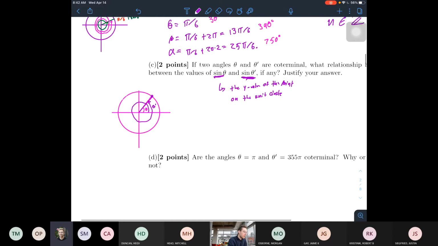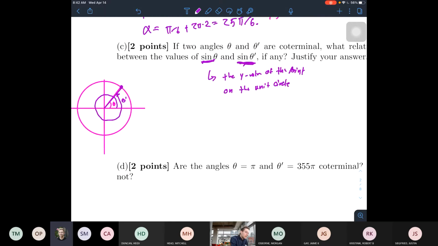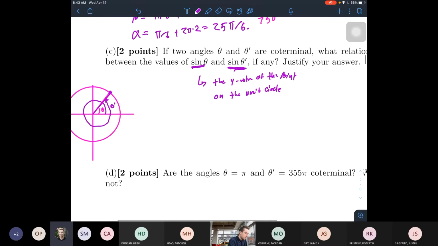But I'm asking something about the values of the trigonometric function sine theta and sine theta prime if theta prime and theta are some interval of 2 pi apart from one another. Right. So Savannah's correct. Yes, Heidi and Savannah both got basically the right idea.